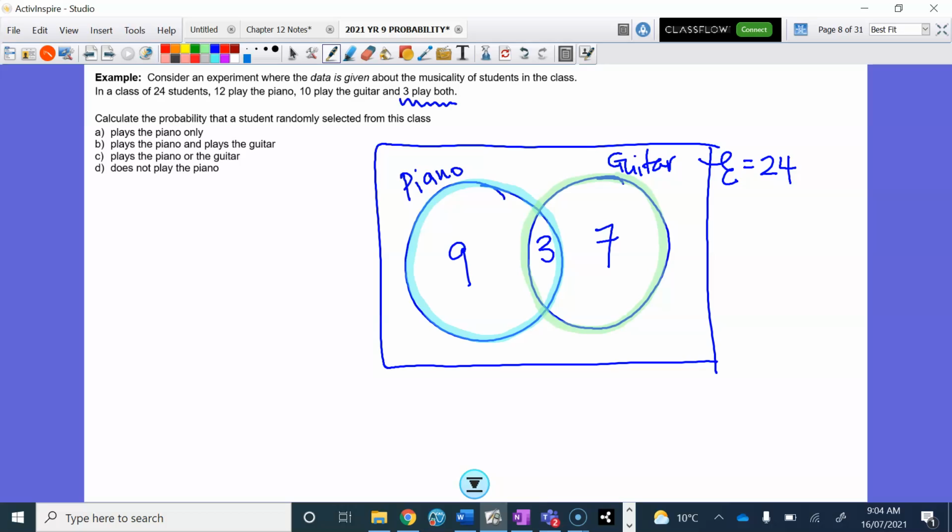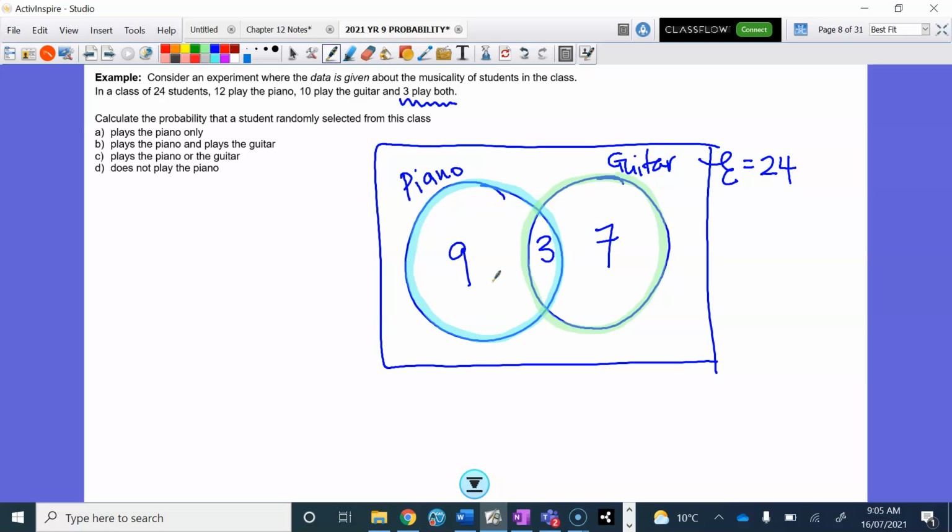Now I'm almost to the end of my diagram. I've almost covered everything except for the section which lies outside of the guitar and piano circles, and that represents the students who don't play either of those 2 instruments. My total amount of students in that class was 24. At the moment, I have a total of 7 plus 3 plus 9, which is 19 students, and I need that to total 24.